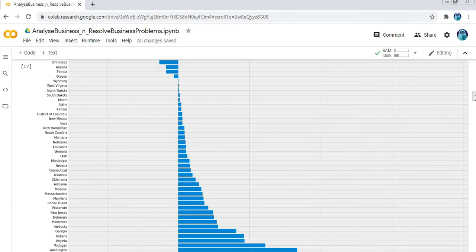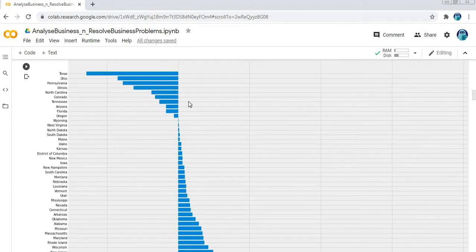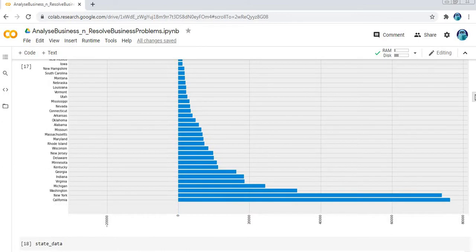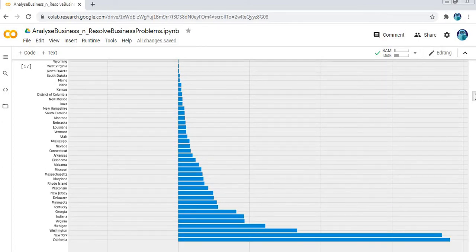Afterwards, we find that states from Oregon to Texas are going into loss. So this is the entire plot about the earning of each of the states where the business has branches.